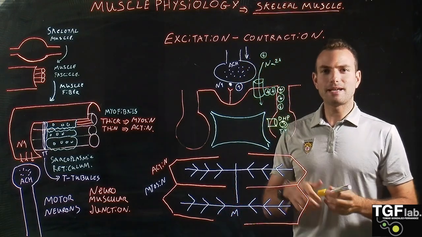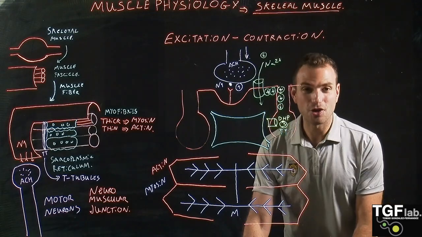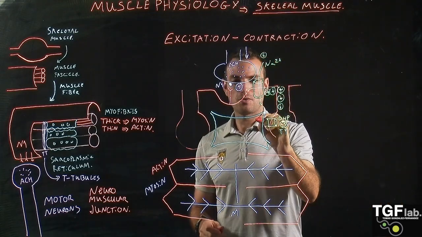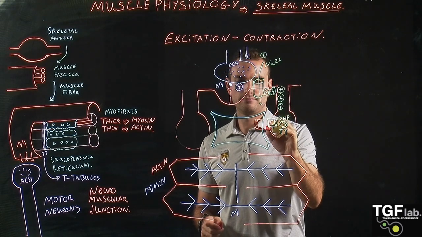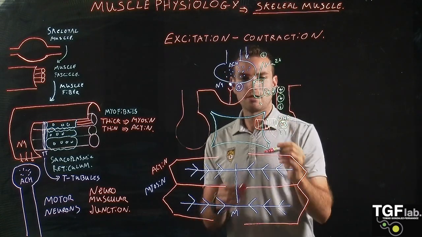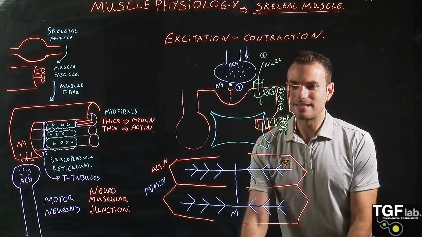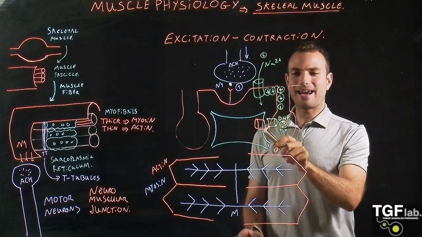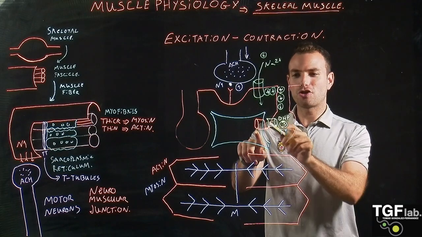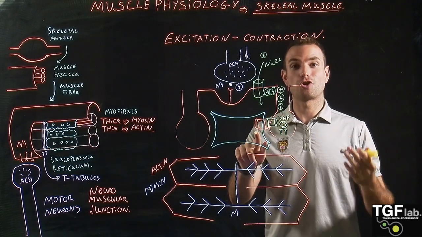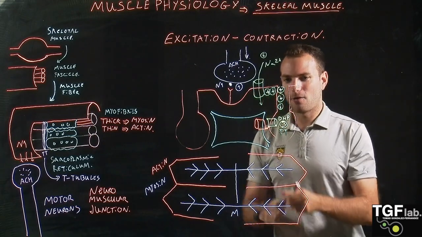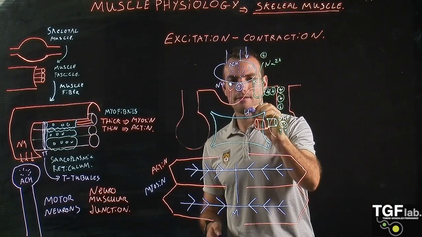So the DHP channel is really important because it's going to be physically coupled to another very important channel here in the sarcomere. So when this DHP channel is activated, then this other channel in the sarcomere, which is a calcium channel, is also going to open. So this is 4th.